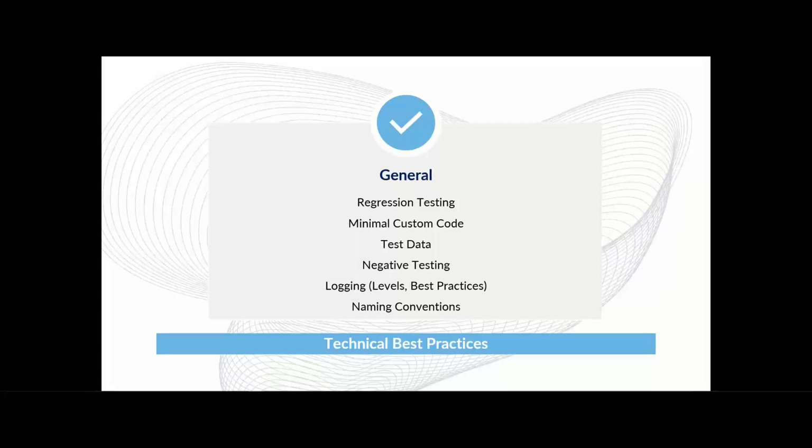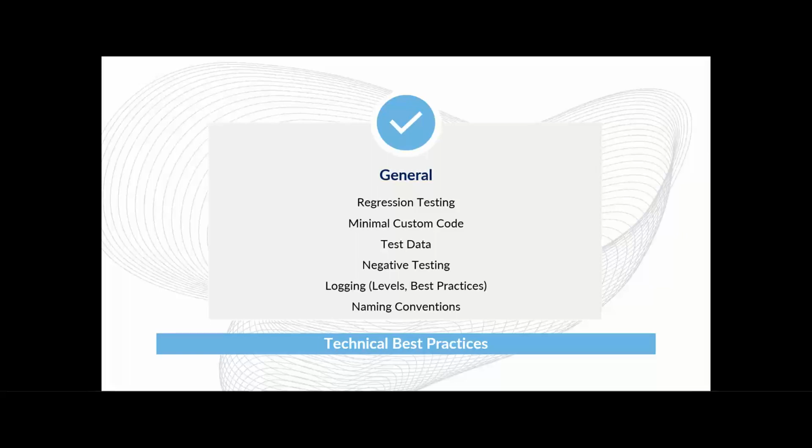Negative testing, right? You need to know what the outcome would be if you do something wrong. We see a lot of people when they're testing, they test the positive case, but they're not testing the negative case. And the negative case may expose vulnerabilities, may expose a brand issue that you don't want to factor in.